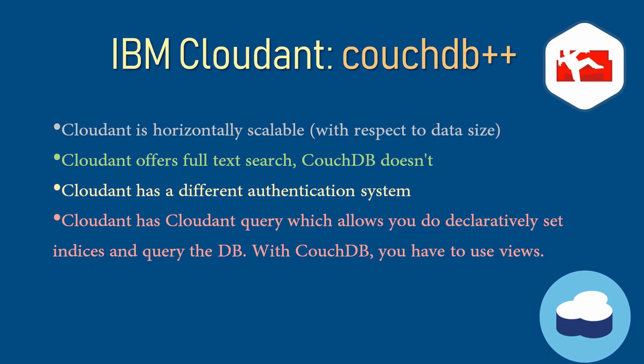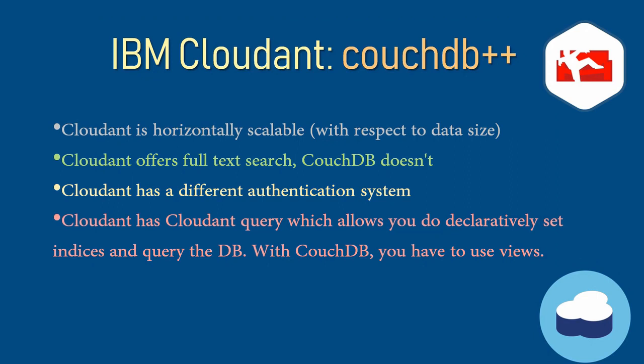Cloudant offers full text search, whereas CouchDB doesn't offer full text search. We can search full text, the complete file, whereas CouchDB searches based on keywords. It breaks down the text into keywords, and based on that, it uses the search algorithms. Cloudant has a different authentication system.